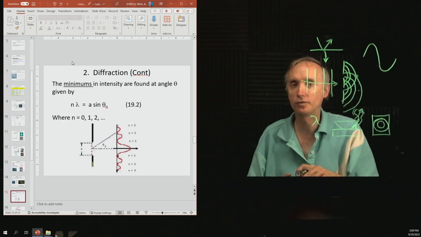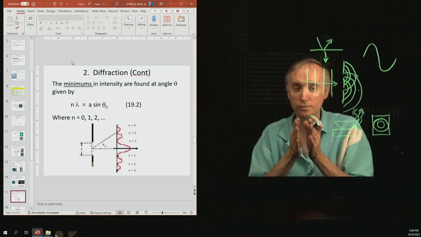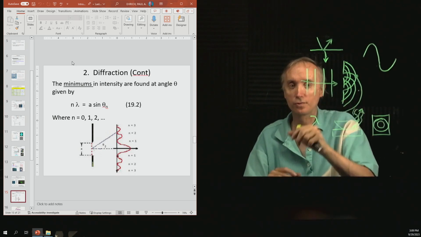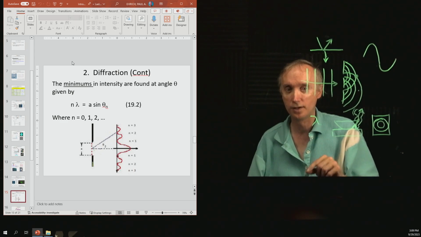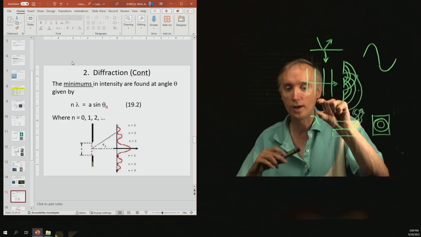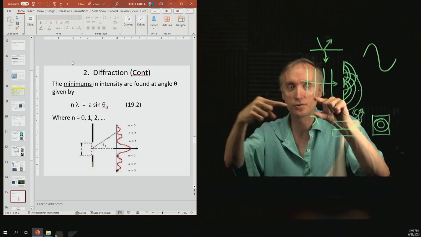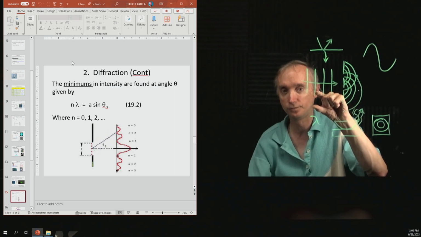Now what I would like for you to remember is, when will something start to open up whenever it goes through an opening? It has to do with the wavelength of the wave. So if the wavelength of the wave is smaller than the opening, the wave basically doesn't feel the edges, and so it tends to go in a straight line through the opening.